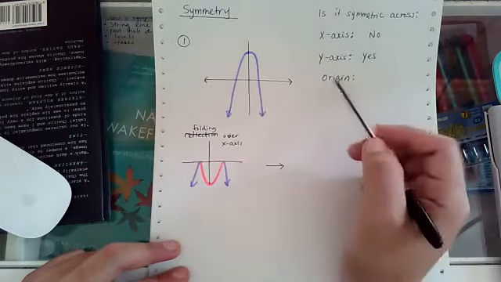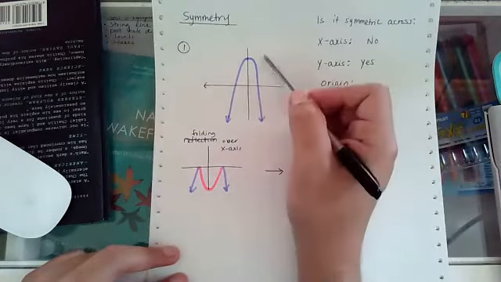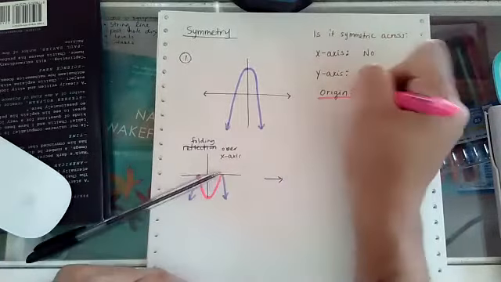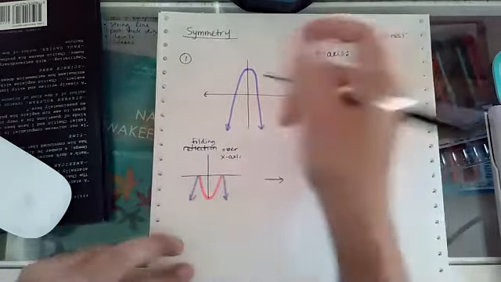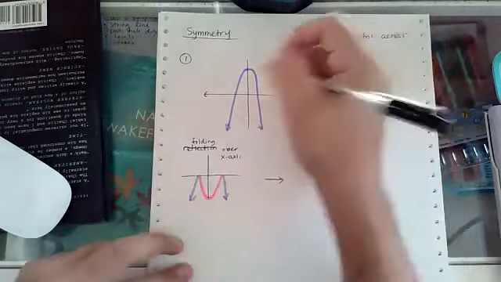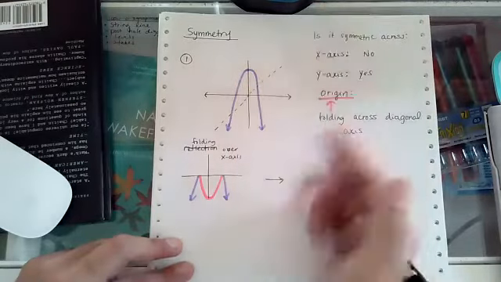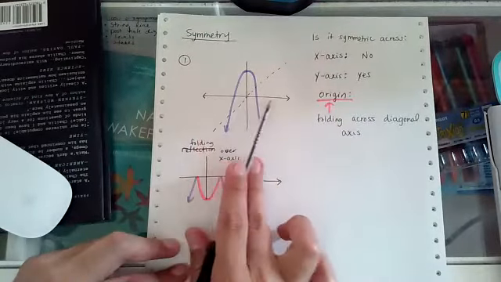I'm pretty sure that the reflection across the origin is a diagonal reflection. So it's not necessarily both of these. So this would be like folding across a diagonal axis, something that looks like this. If I fold this graph across the diagonal, would it be symmetric? No. And in this case, it would be no.